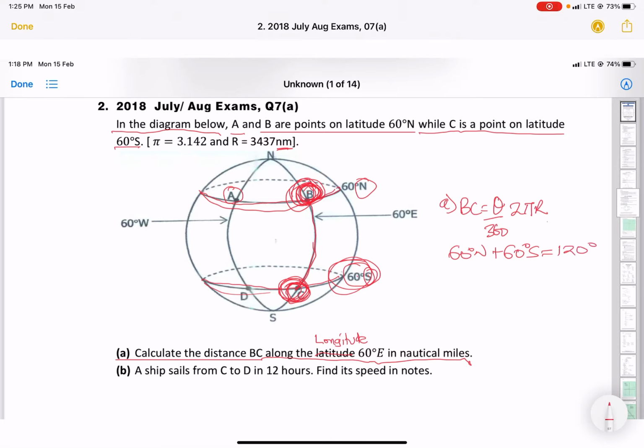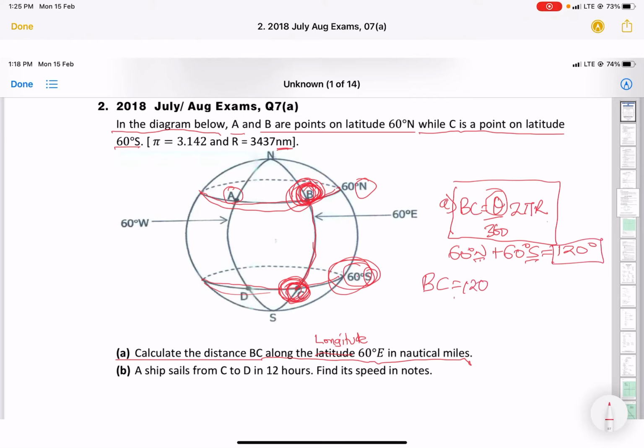So different poles you add, but same poles you subtract. Let us go back to our formula. We'll say BC is equal to, where there's theta, we'll replace 120.